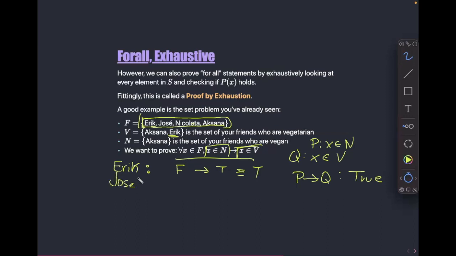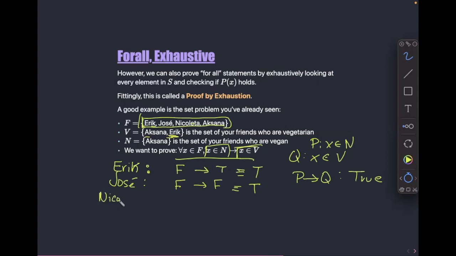Jose. Is Jose in N? No, that's false. Is Jose in V? That's false. False implies false evaluates to true. Remember, for implication, if your hypothesis, the starting part, is false, then it doesn't matter what's here, it evaluates to true.